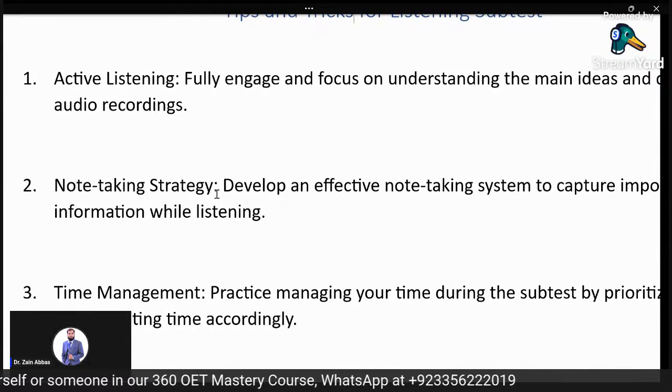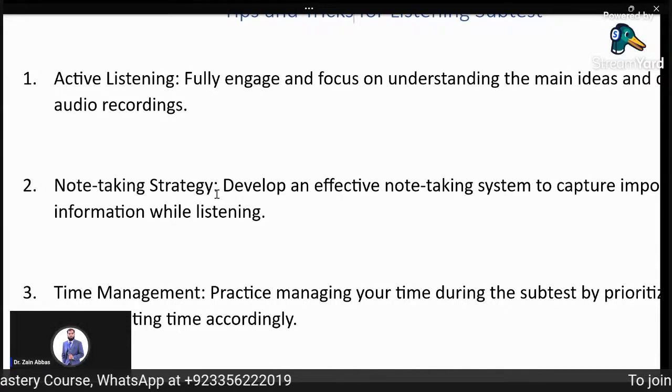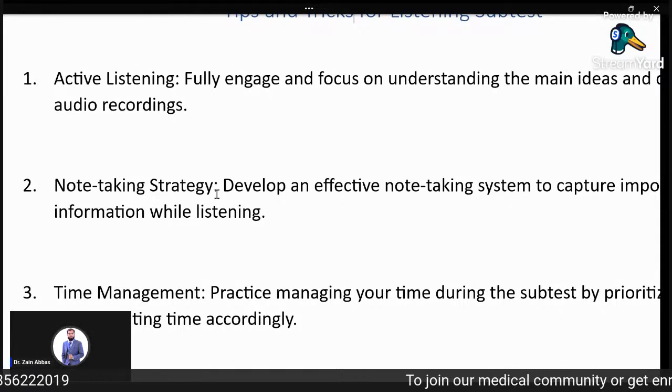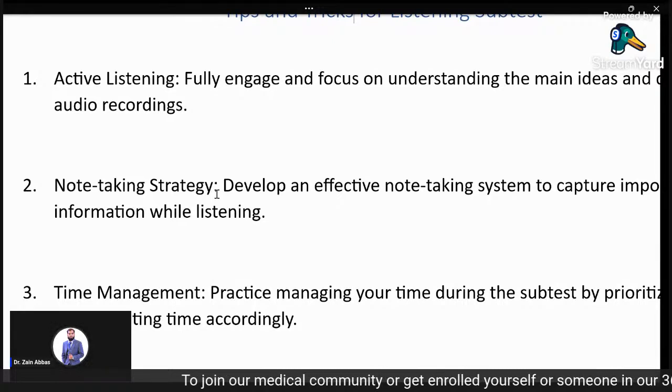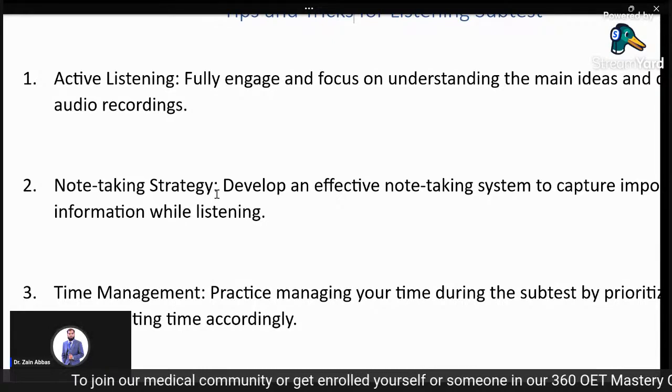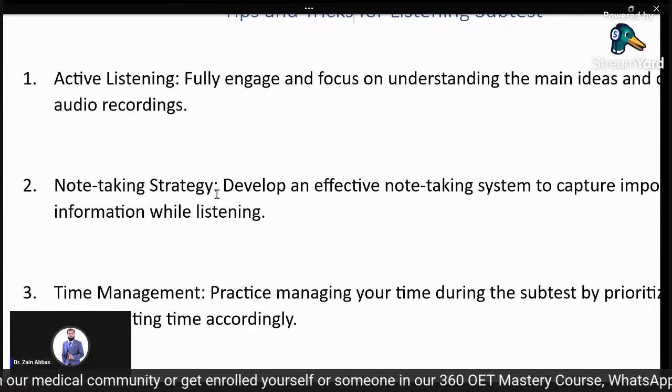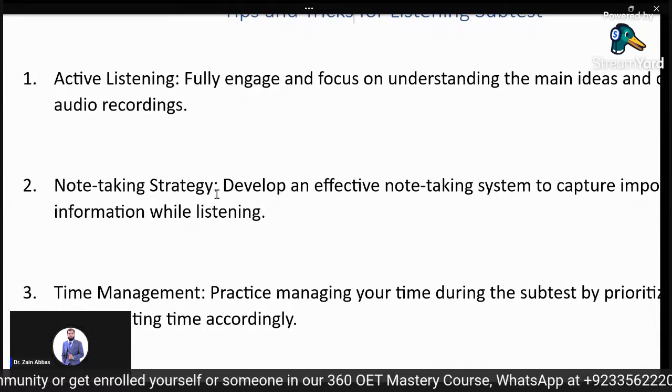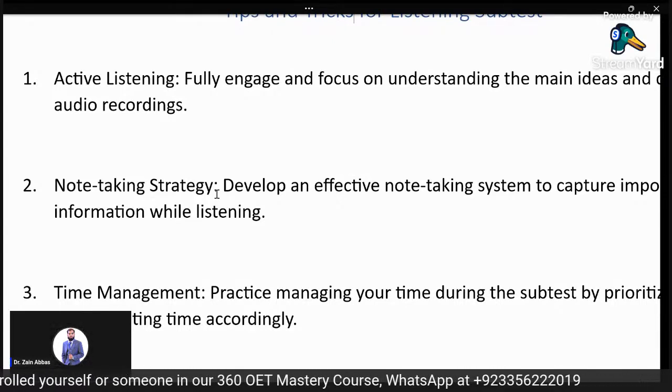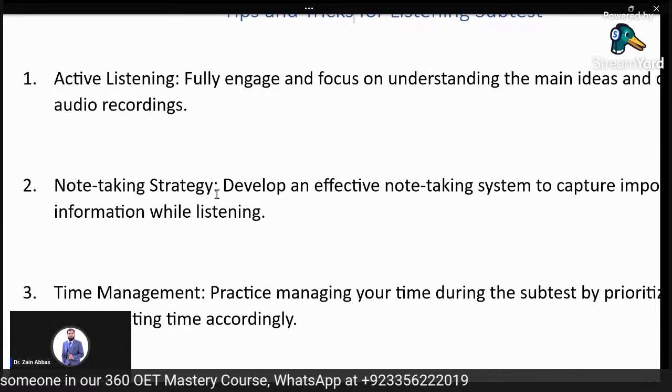So this note taking strategy applies to that crucial time when you are reading your question paper or case notes, and you need to highlight some keywords there. That can be an adjective, a noun, a verb, or things like that. It is the short listening part strategy.